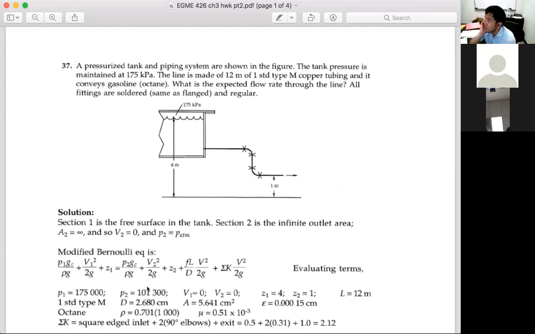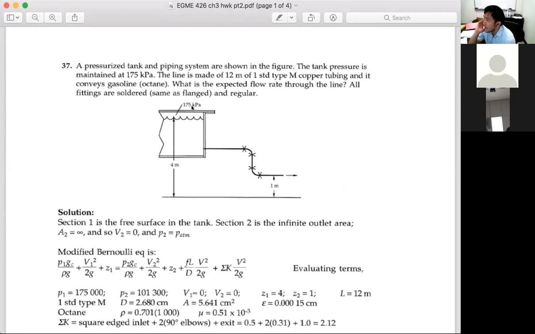Yeah. So gauge pressure is the one that we use mostly in 333. Gauge pressure is just pressure minus atmospheric pressure. For this problem, he's using just regular pressure, because the P2 that you see there is atmospheric pressure.